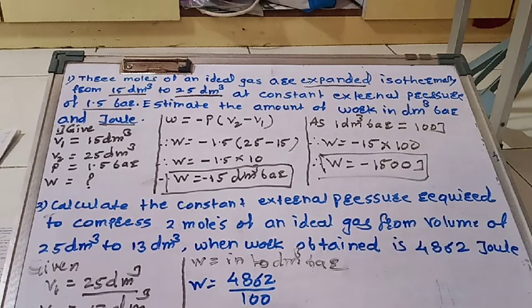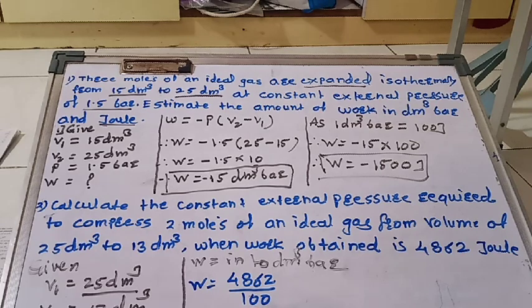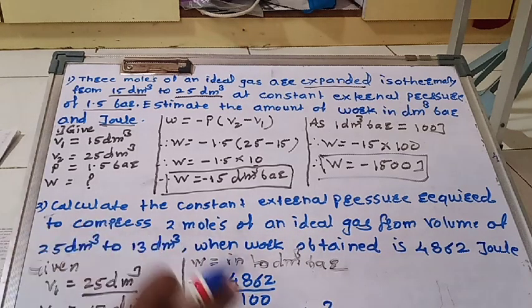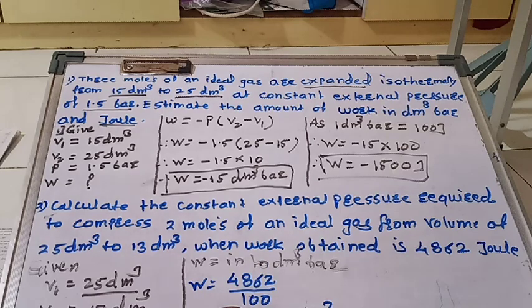Therefore, W is 48.62 decimeter cube bar. So you will get this answer. Once you got W, then it is positive because work of compression is always positive.